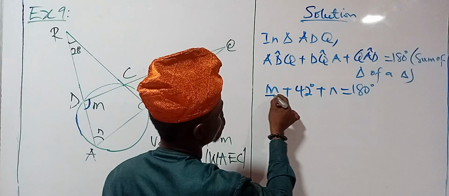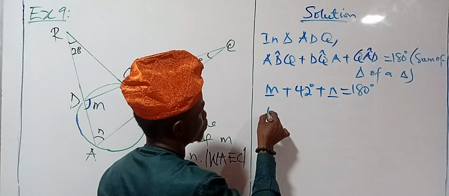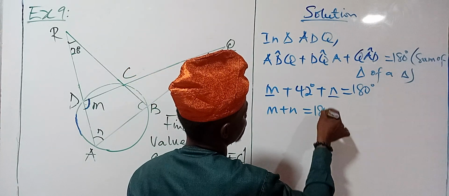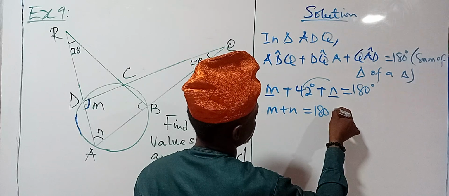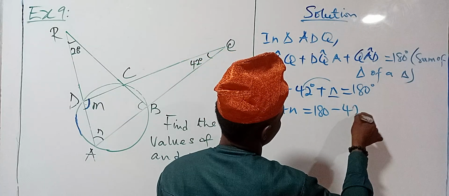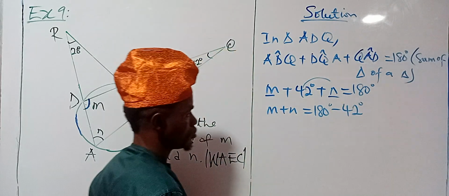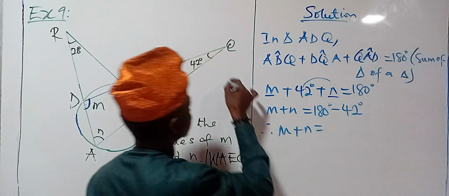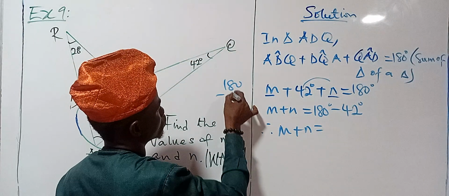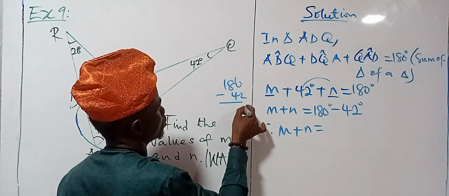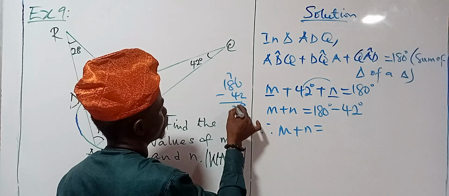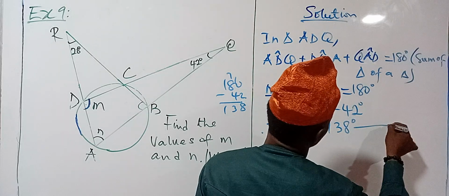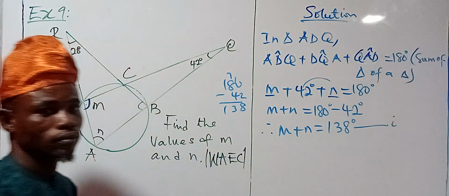So when you bring this together, you have M plus N equals 180 degrees minus 42 degrees. Therefore, M plus N is 180 minus 42, which gives 138 degrees. You can call this equation 1.